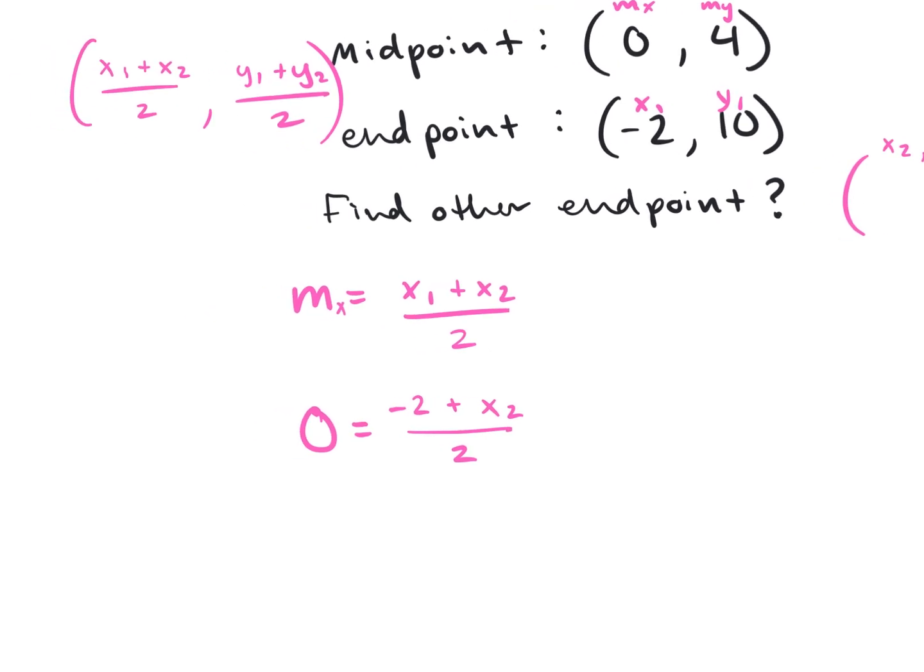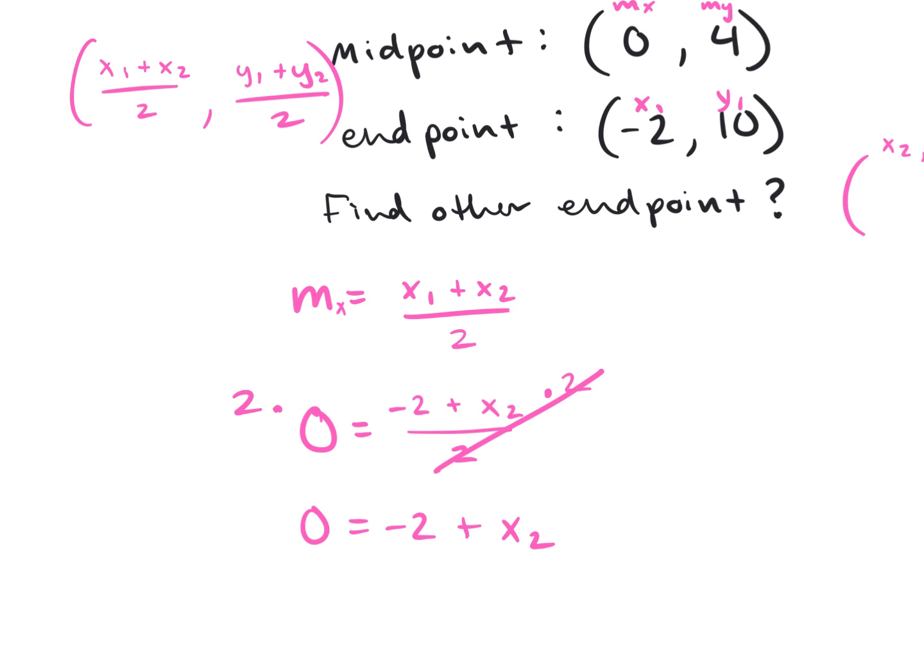So here we've got a little equation that we just need to solve for x2. What would I do to solve for x2? Awesome. Since it's being divided by 2, we want to do the opposite. We want to multiply both sides by 2. So it cancels out with the denominator, so we don't even touch the numerator. What's 0 times 2? 0. So we have 0 equals -2 plus x2.